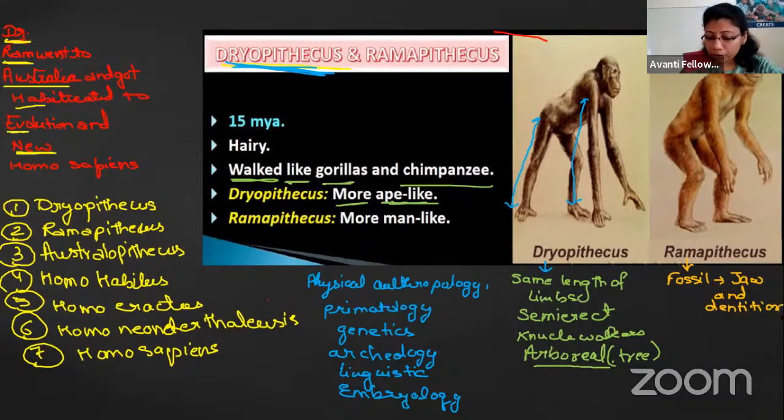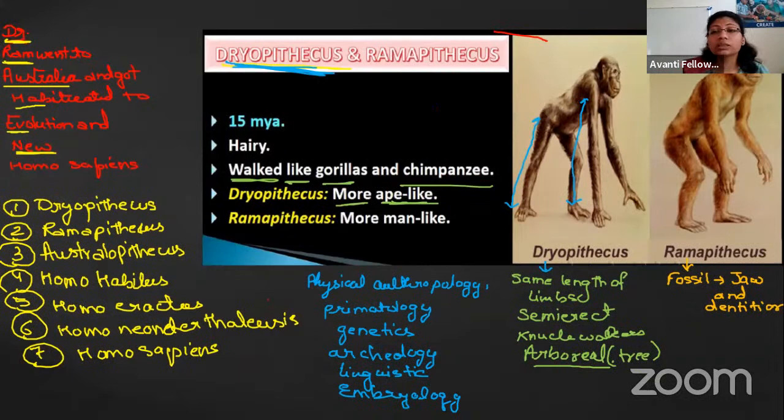You have completed your 11th class, so let me know what dentition is. Okay, dentition is the arrangement of teeth in a jaw. So the fossil which we got contains what? Jaw and the dentition, that is the arrangement of teeth.